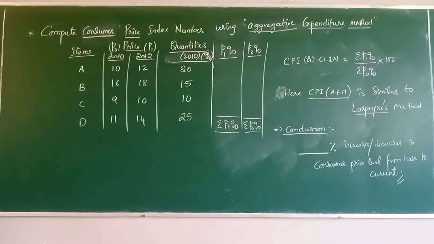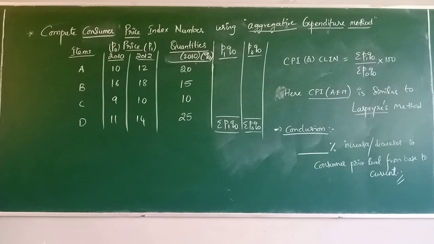I repeat, in this method, the base year quantity, Q naught, for various commodities, various items consumed by a particular class of people, is taken as weights. Clear?